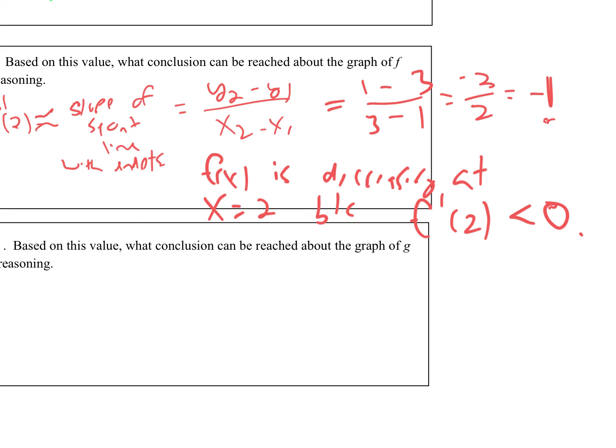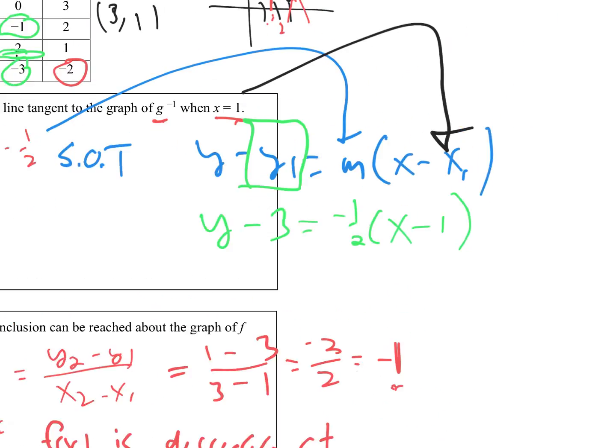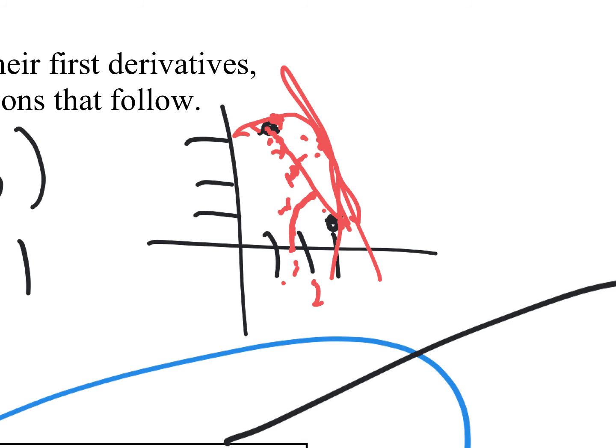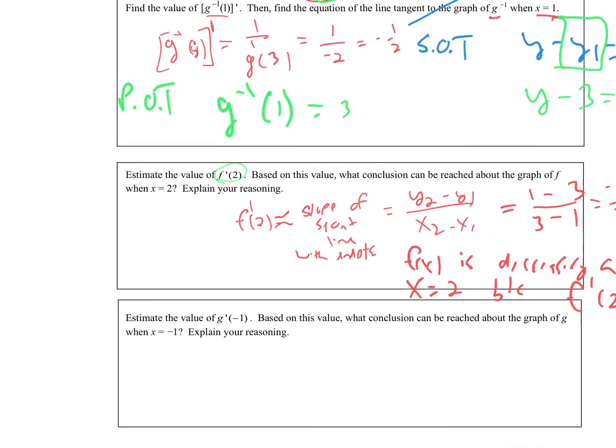No matter what that picture looks like between those 2 points, it still has to be a decreasing function there. Because look at those 2 dots. From left to right, it has to be decreasing. Good job, guys.